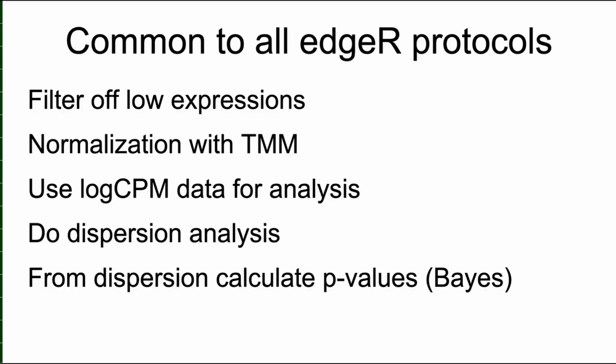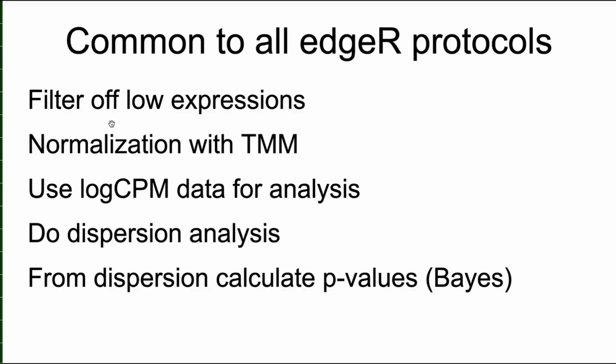What is common to all edgeR protocols is what is not in the core of the analysis. I don't mention that you have to import the data and sample information. It's kind of obvious. Then, of course, all protocols include a filtering step to remove low expression.